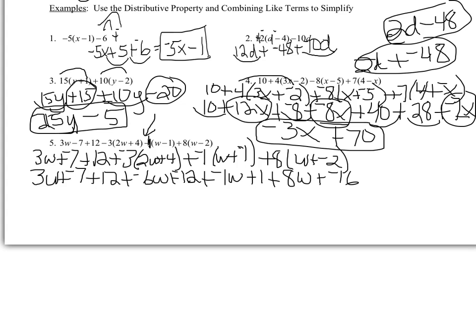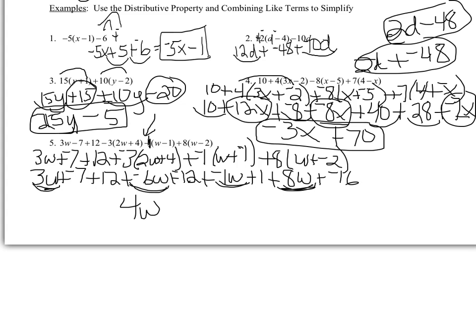Now I can combine like terms. Doing my variables first, I've got 3w, negative 6w, negative 1w, and 8w. Well, 3w and 8w would be 11w. And negative 6w and negative 1w would be negative 7w, so that would leave me with 4w left over.